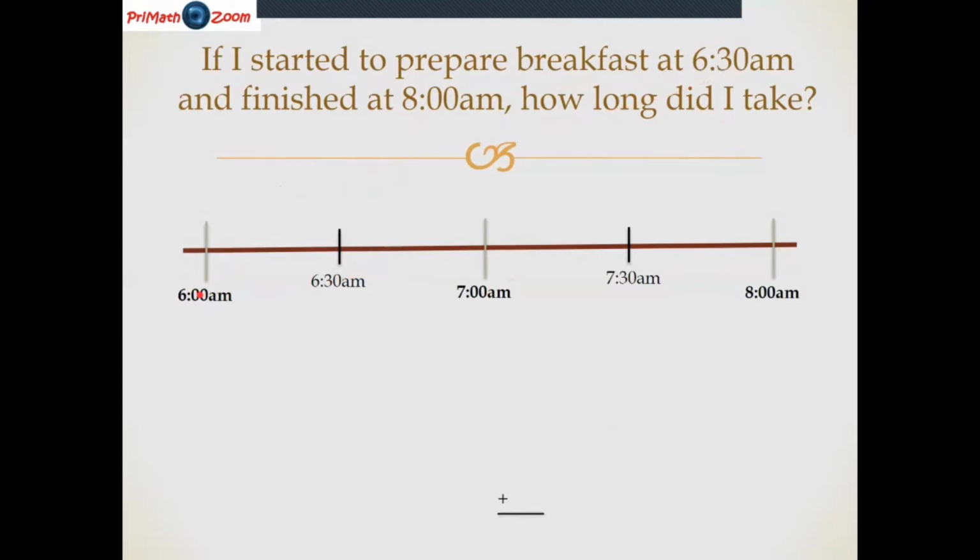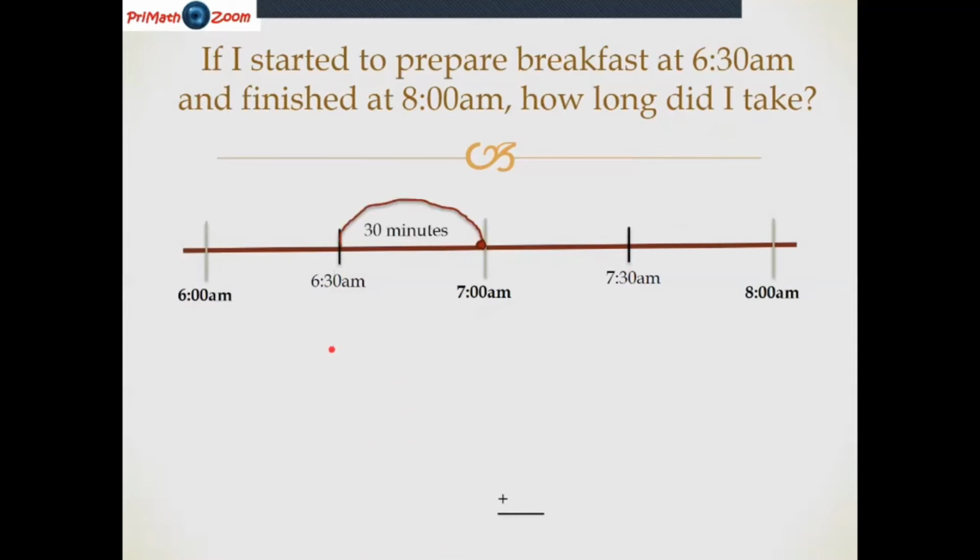So from 6 a.m. to 7 a.m., halfway would be 6:30 a.m. And from 7 a.m. to 8 a.m., halfway would be 7:30 a.m. So with the hours broken in half, we are able to figure out how long I took to prepare the breakfast.